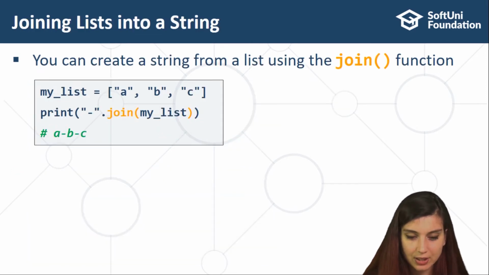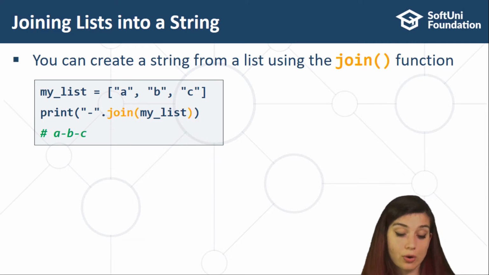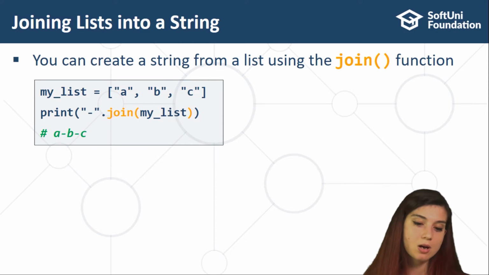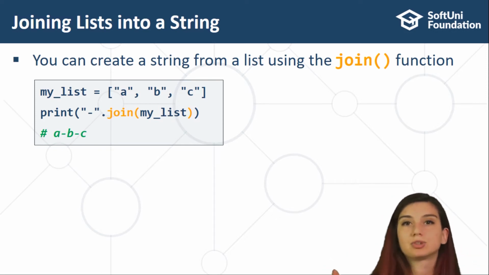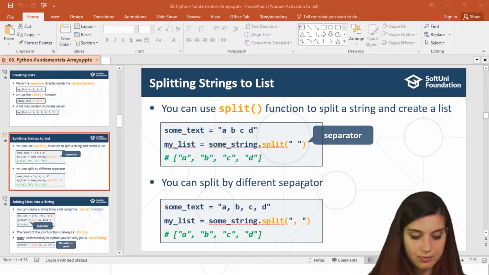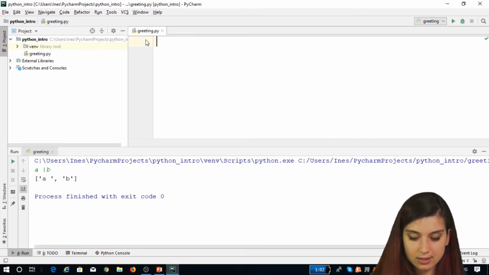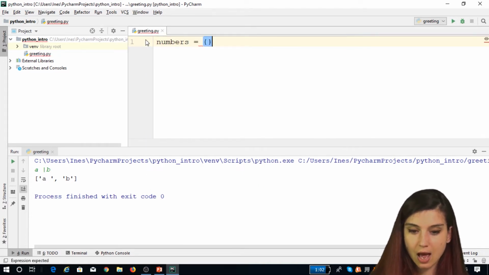Now we can see that here we have a very interesting function called join. So far we saw how we can, for example, split strings and receive a list. But imagine that I want to have here a simple list called numbers, and here I have numbers 1, 5 and -3.